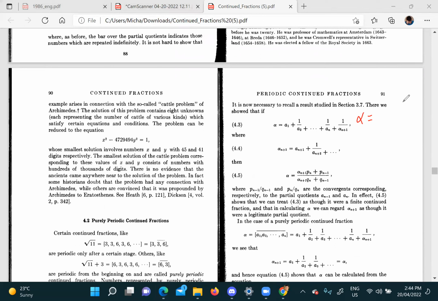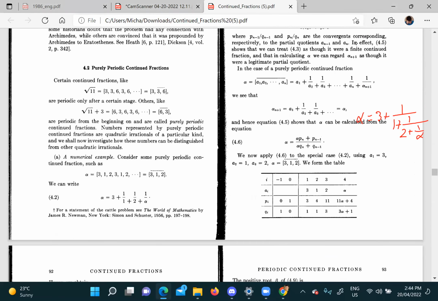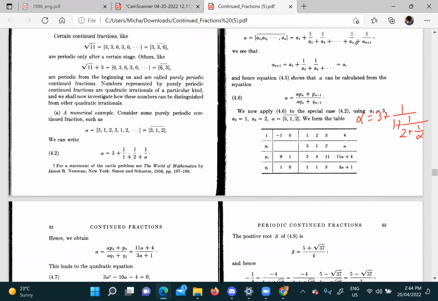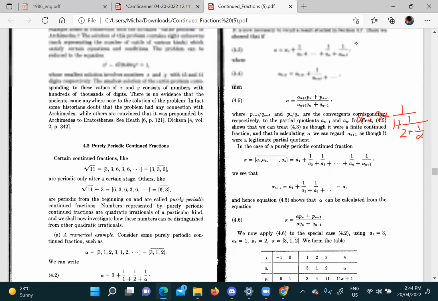Okay, 3, 1, 2 is like 3 plus 1 over 1 plus 1 over 2 plus alpha, since it repeats again. So we get 2 alpha plus 1 over alpha. Yeah, their notation made it a little bit confusing there.